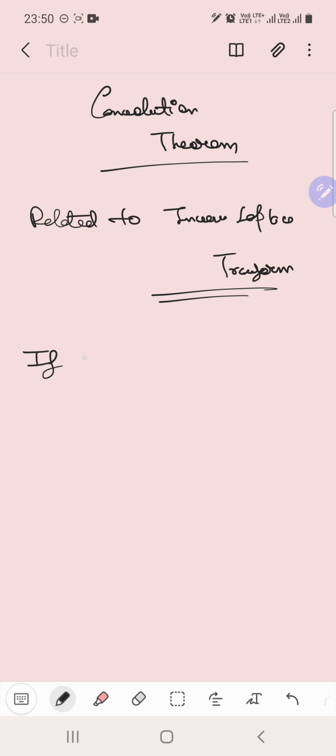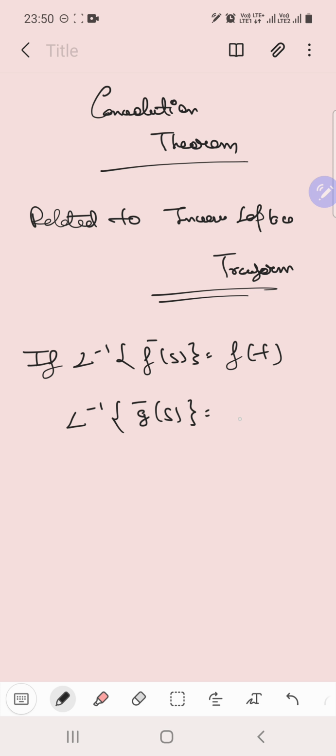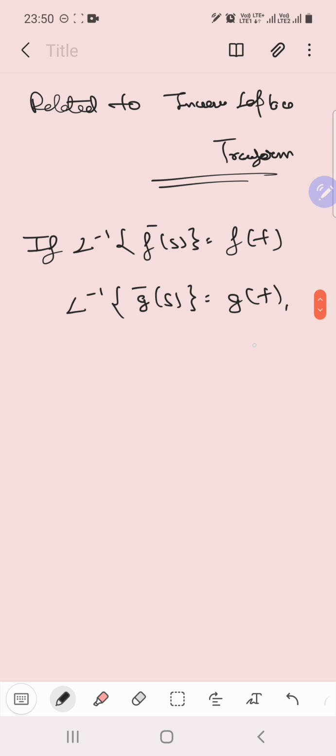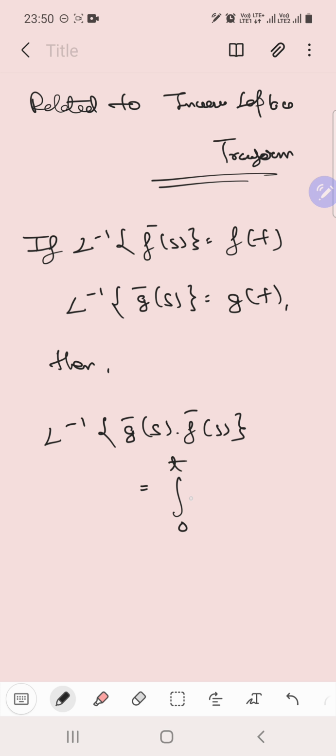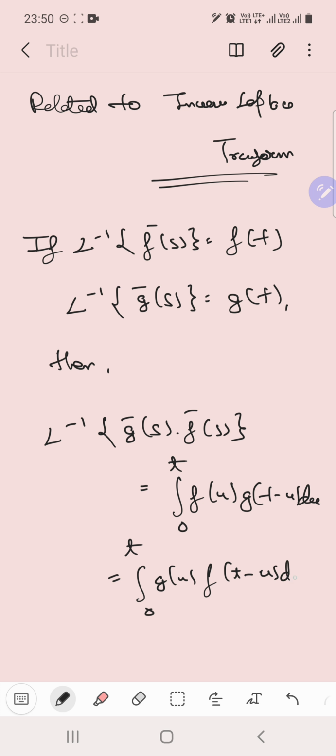So the statement says that if the Laplace inverse transform of f bar s is equal to f(t), and the Laplace inverse transform of g bar s is equal to g(t), then the Laplace inverse transform of g bar s times f bar s is equal to integration 0 to t f(u) g(t minus u) du, which is also equal to integration 0 to t g(u) f(t minus u) du.